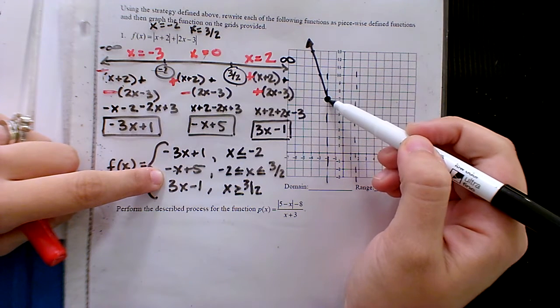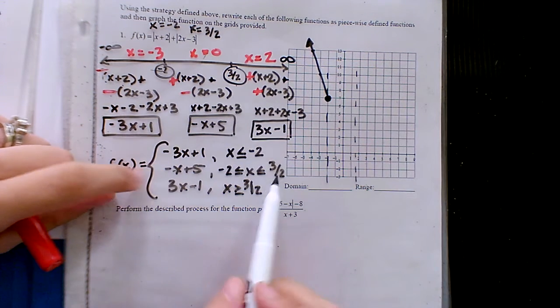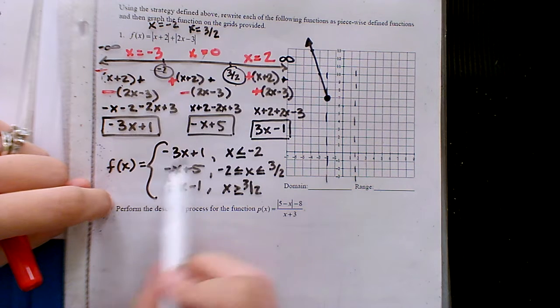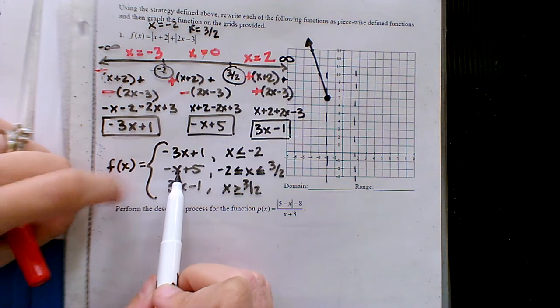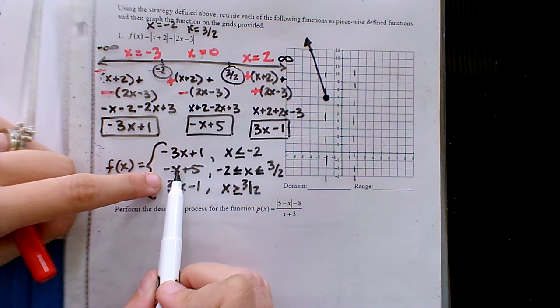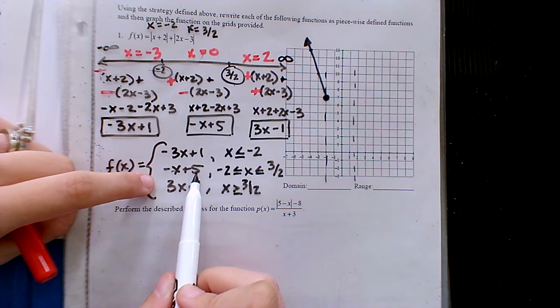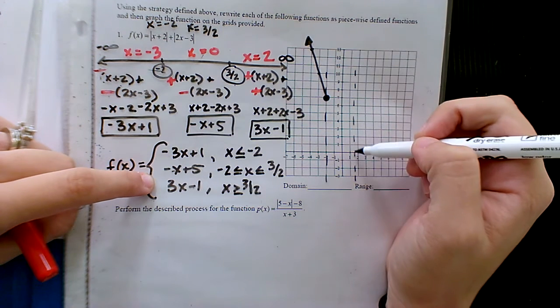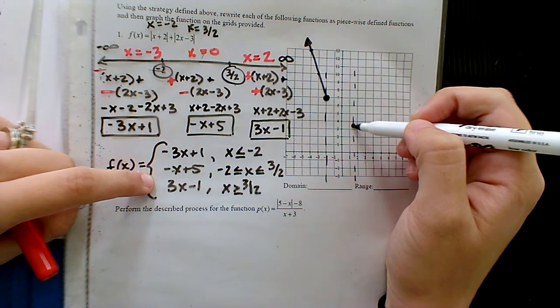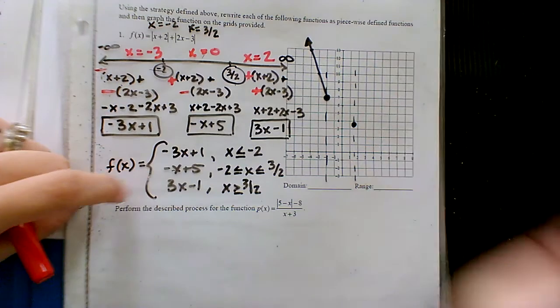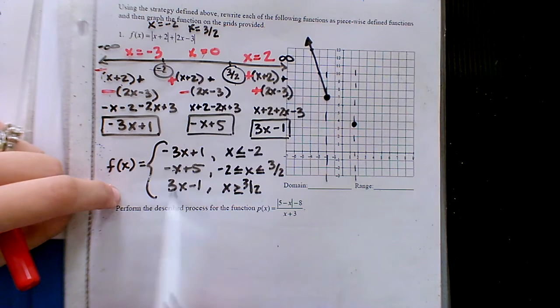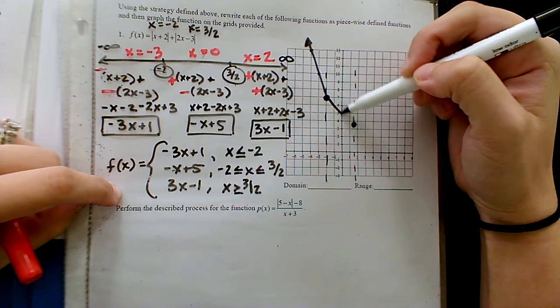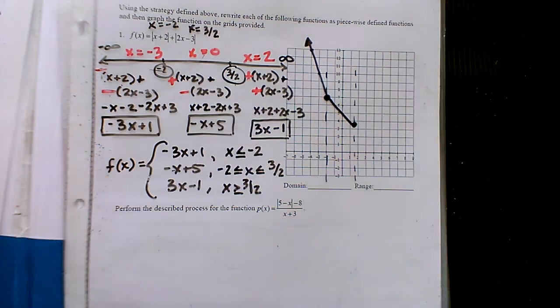Okay, so we have the same closed circle as before. If we plug in the 1.5, okay, on the other barrier, negative 1.5 plus 5 would be 3.5. Okay, so closed circle right there. So we know this graph should be a straight line. We can simply play connect the dots.